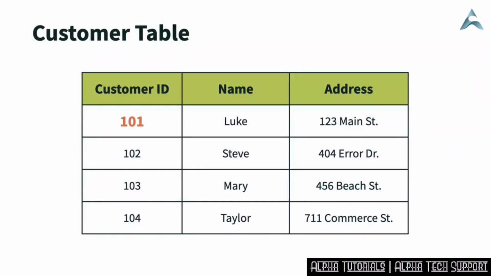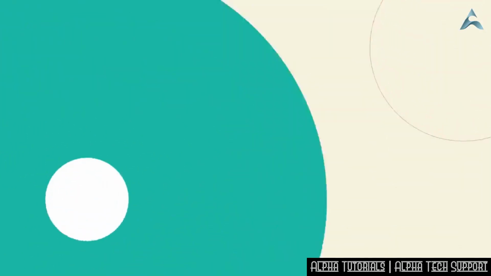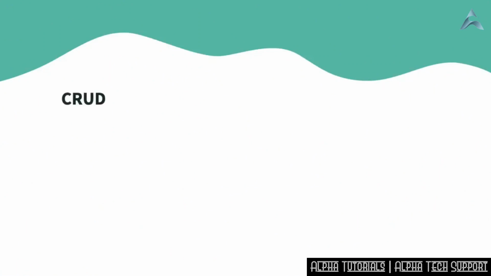Now, let's look at how SQL statements can help you slice and dice this data. The most common data operations you will be performing against your relational database are create, read, update, and delete, which is shortened to CRUD. All of the keywords in SQL don't line up perfectly with this acronym, but to create new records, you will use an insert statement.